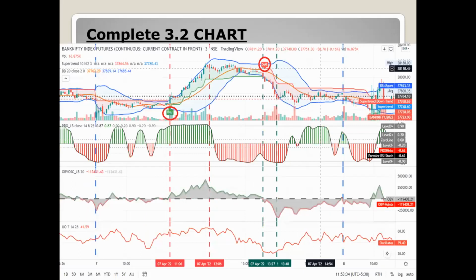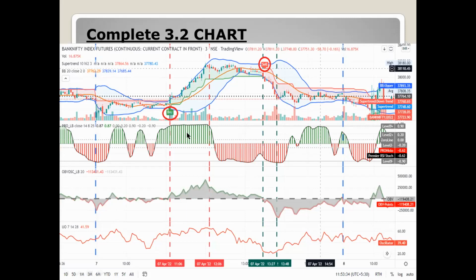I think my time is getting over. This is the complete chart layout of 3.2. Here you can see all the indicators. Supertrend is there, green and red. Bollinger Band, you can see the narrow band and the upper band, lower band, SMA line. Okay, here we can see the volume.